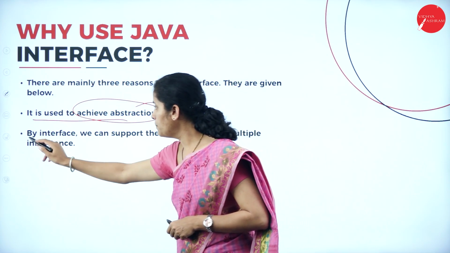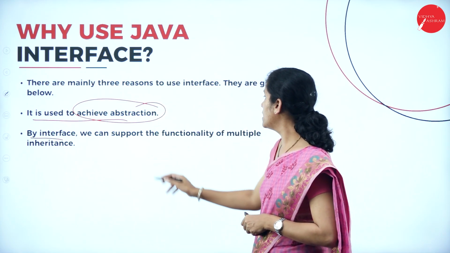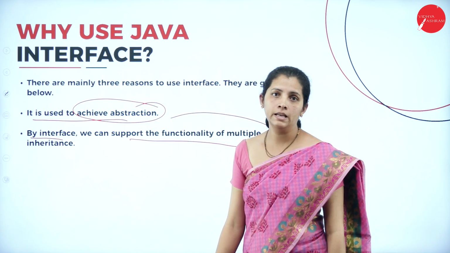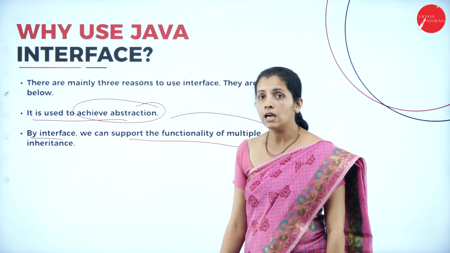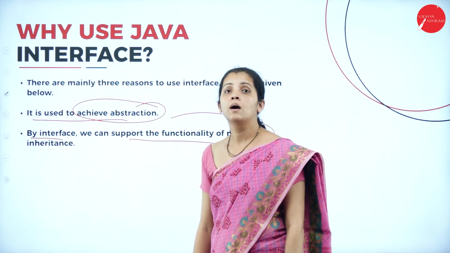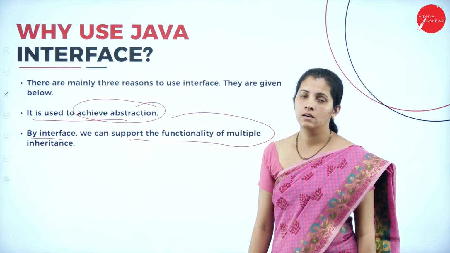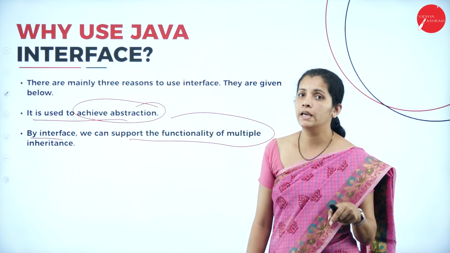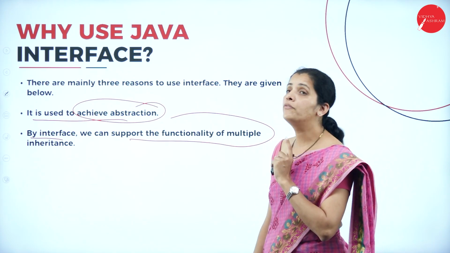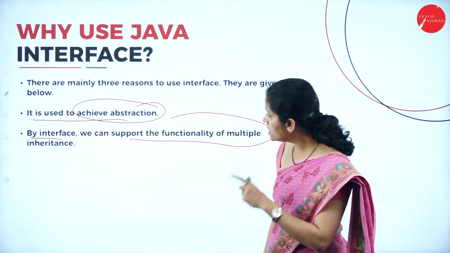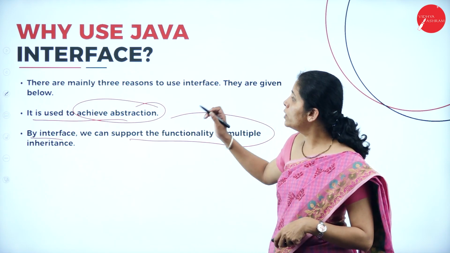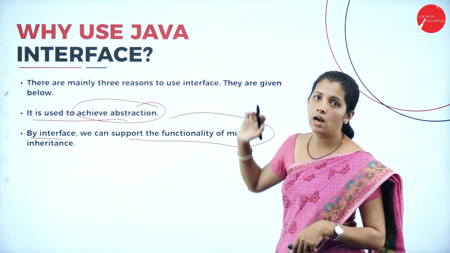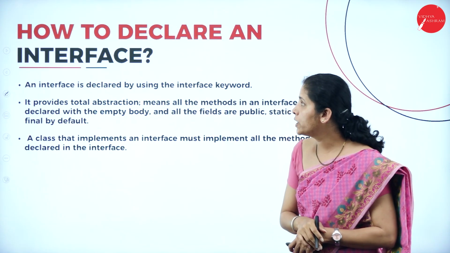Now, by interface, we can support the functionalities of multiple inheritance. Java does not support multiple inheritance, but we can implement multiple inheritance with the help of interface. For these two reasons, we use interface in the Java programming language.